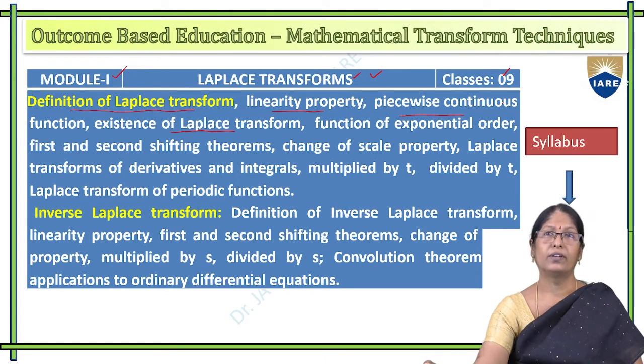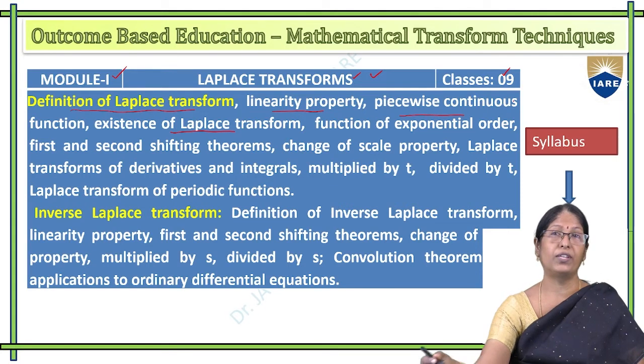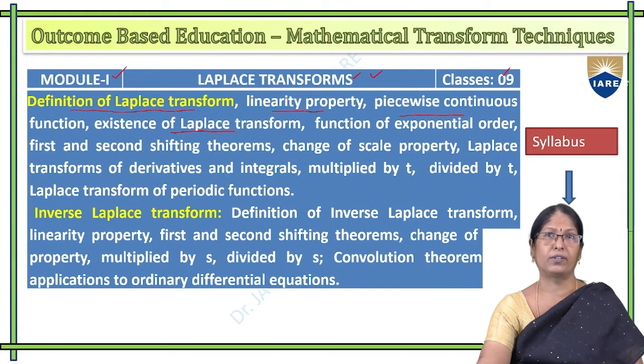That is, a continuous function from 0 to 5, 5 to 10, 10 to infinity, that is 0 to infinity, which is split. So it is discontinuous overall, but within each interval, at each point, it is continuous.